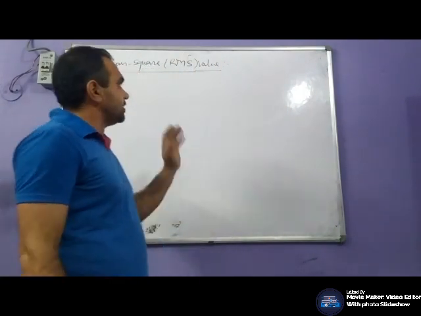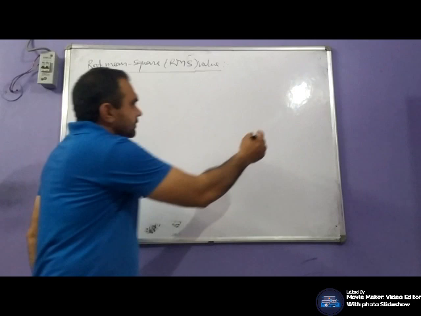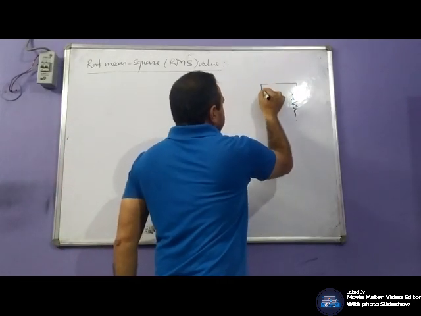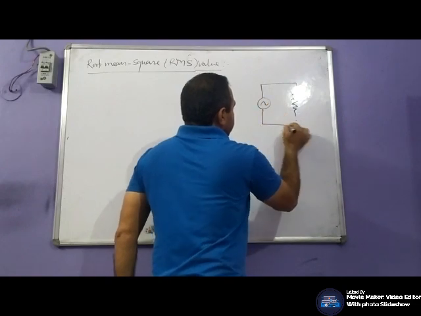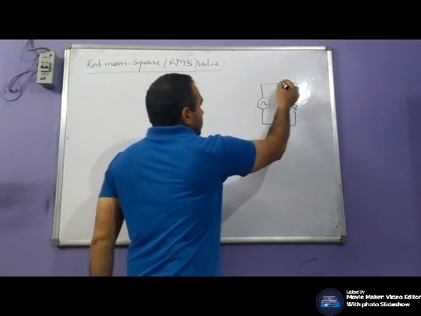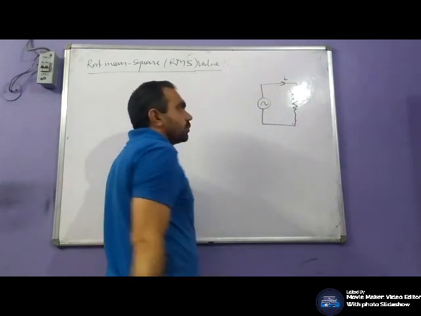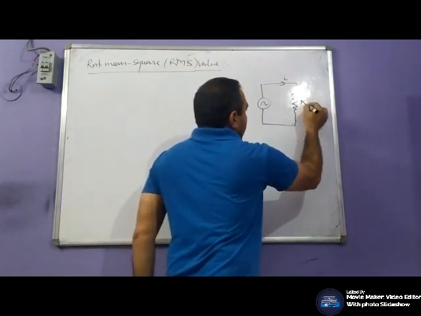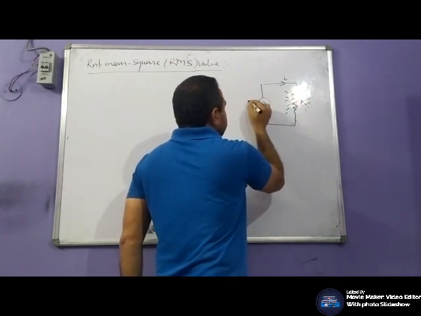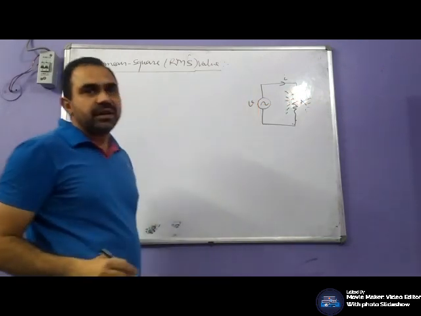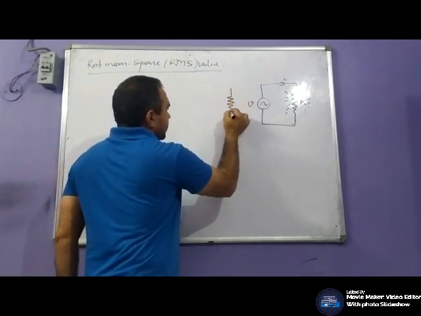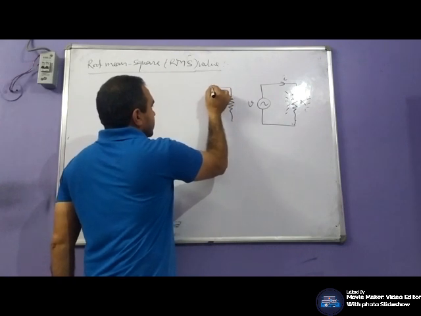So what is the RMS value? The RMS value is basically a steady state current or DC current which produces the same amount of heat in a given resistance in a given time as produced by AC.